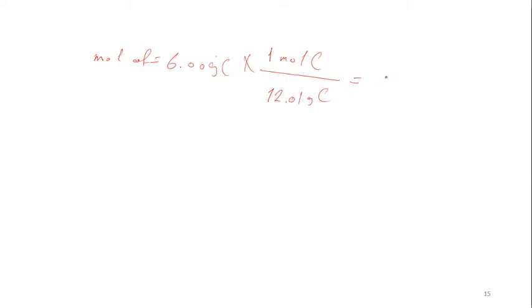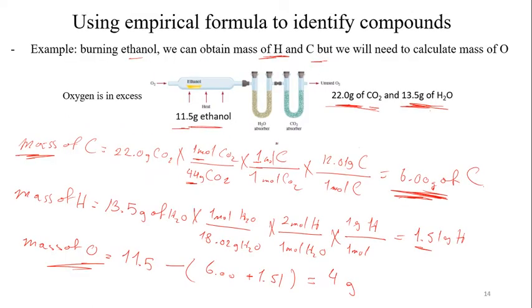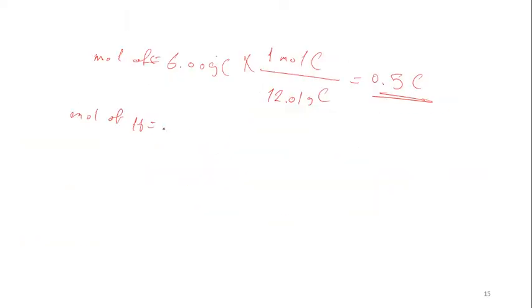This means I have 0.5 moles of carbon, and moles of hydrogen would be equal to the grams I obtained, 1.51 grams, multiplied by, if I know that each mole of hydrogen contains 1 gram of hydrogen, this means the number of moles is equal to 1.5 moles hydrogen.